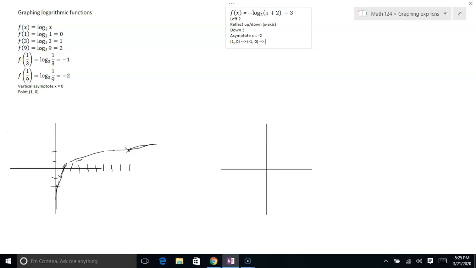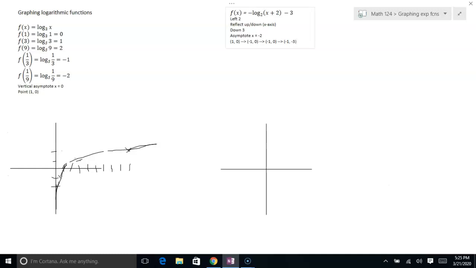Well, the y-coordinate is 0. If I reflect that over the x-axis, it's still 0, so nothing happens. That's a point still on the x-axis. And finally, I'm going to move the whole thing down 3. That's a y change. So the new home for my point, x doesn't change again, but y moves down 3.